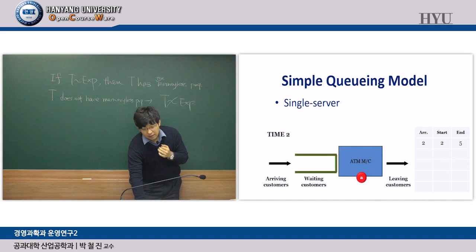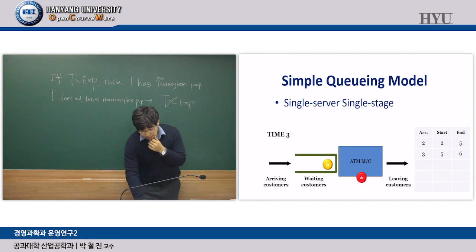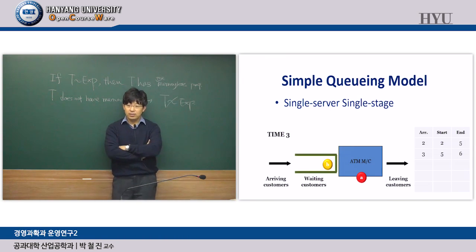And this A will leave at 8:05, 3 minutes after he arrives to the system. But the thing is, at 8:03 a.m., B arrives to the system, and he or she can observe that someone is using the machine, right? And as long as A is using the machine, B needs to wait, right?